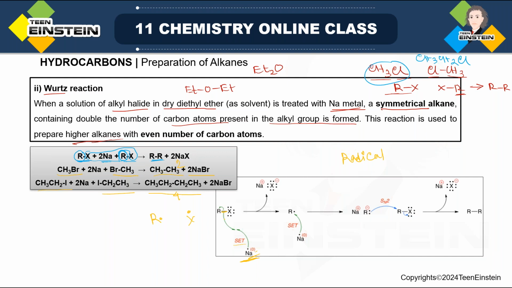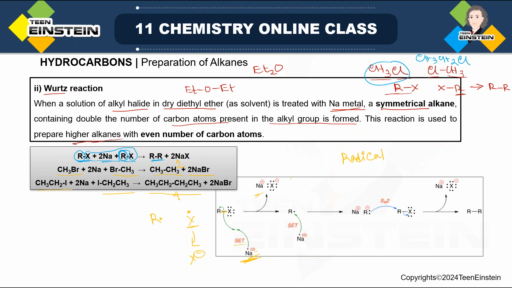Now this R dot that is produced and X dot. Now this X dot, if it is taking an electron from sodium, the fate of X dot will be X minus, and that X minus will be combining with this counter ion Na plus, because after sodium has already sacrificed one electron, it is already converted to Na plus.